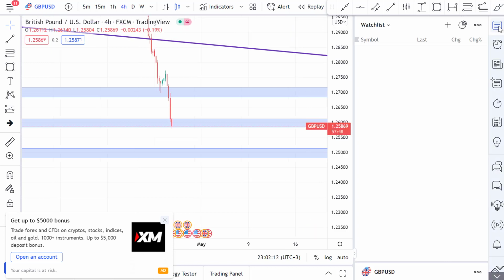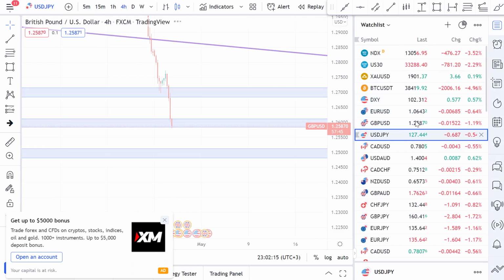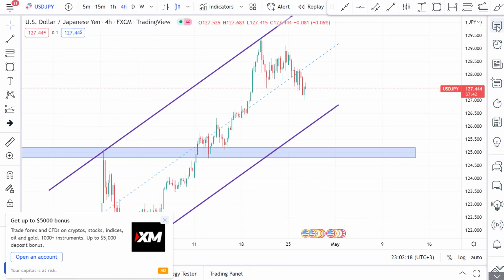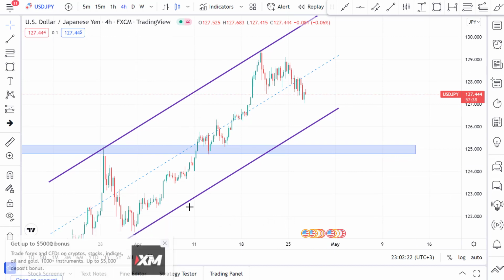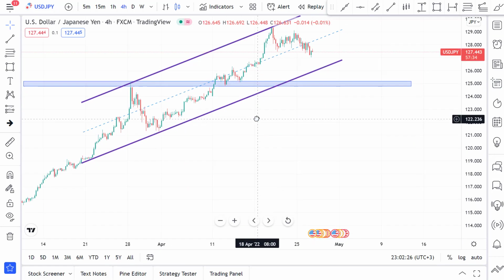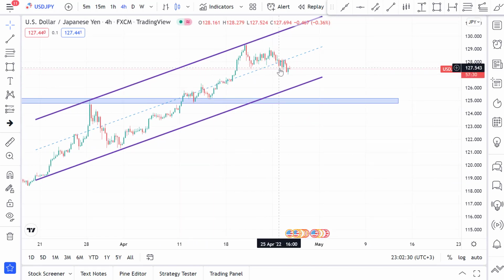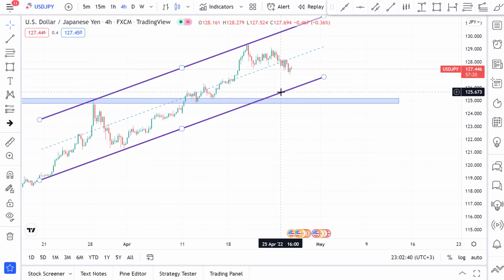All right, and the next item, USDJPY or Japanese yen. I've drawn this channel for you, if you can remember yesterday, and I told you that we are still in an uptrend, and that we had a breakout of this line. We might have pulled back to this line again, and the rest of the trend would be reaching the bottom line of the channel.